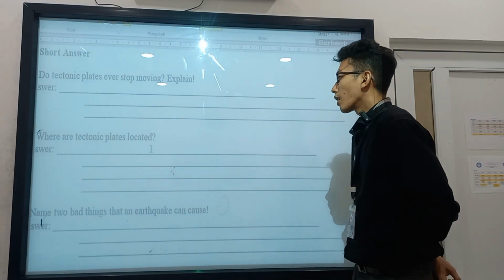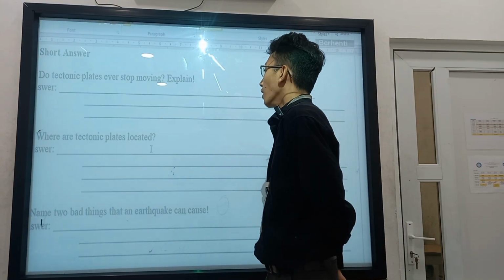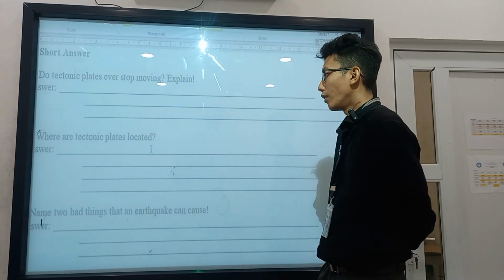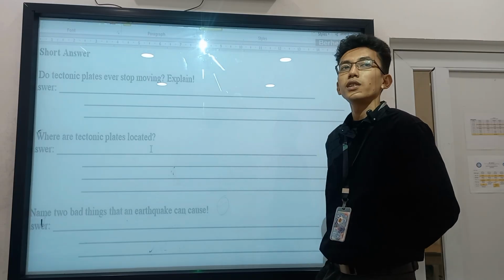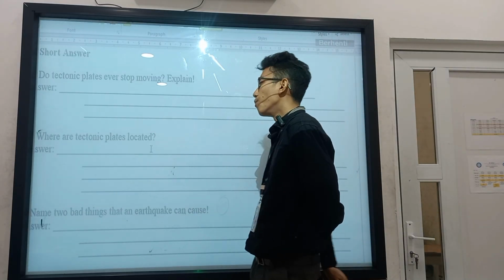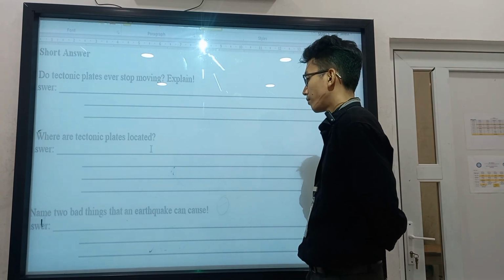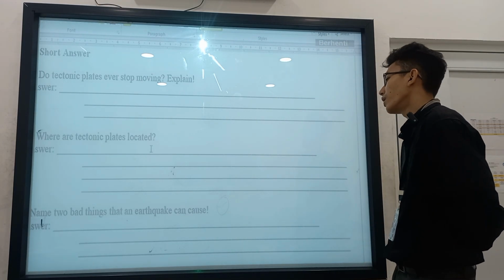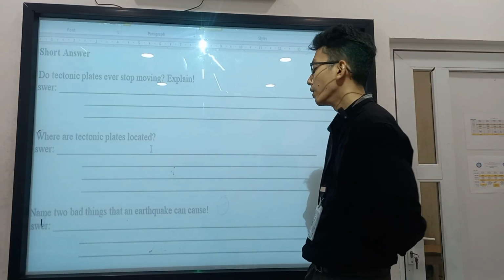Number 3. Where are tectonic plates located? Tectonic plates are located on top of the mantle, on top of the sea of magma, that is what the mantle is composed of. Okay, sir. How about number 3? Name two bad things that an earthquake can cause. It can make destruction of the buildings.